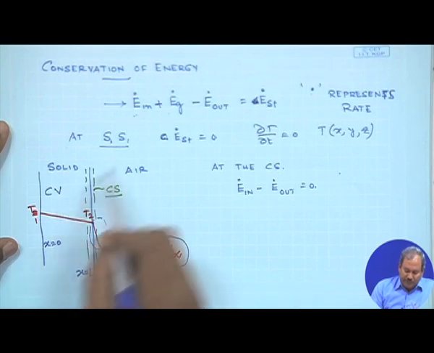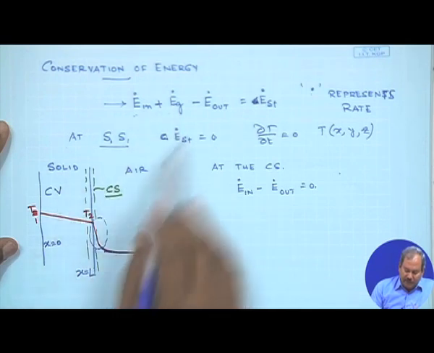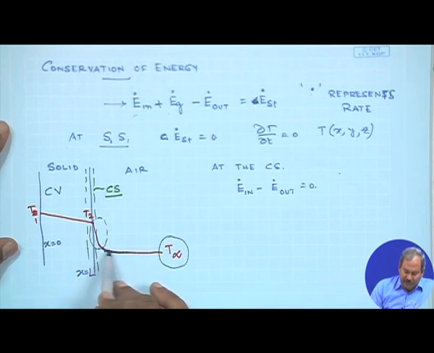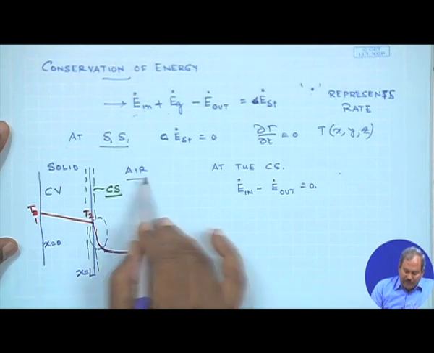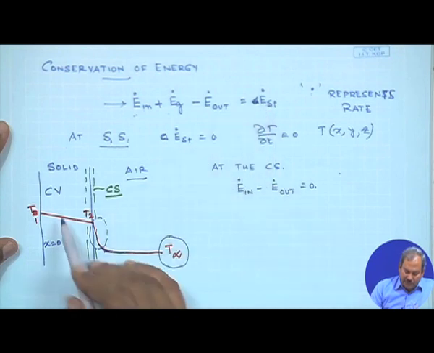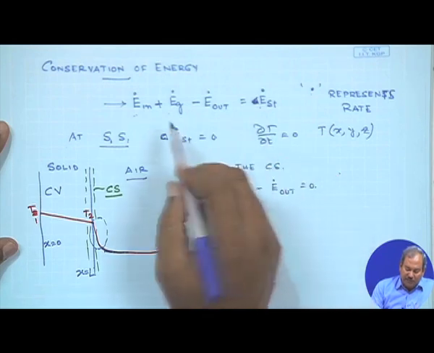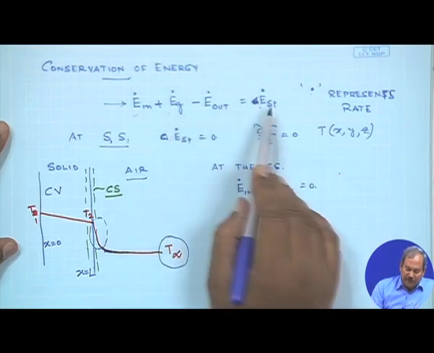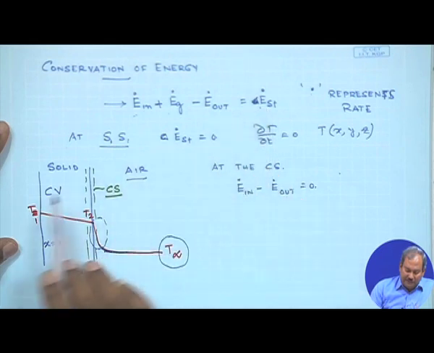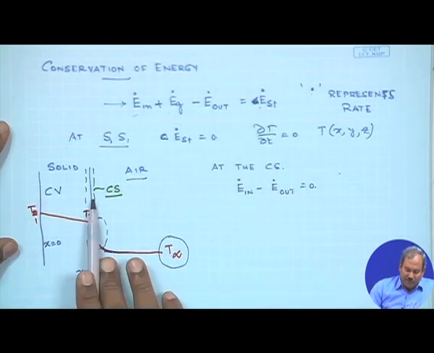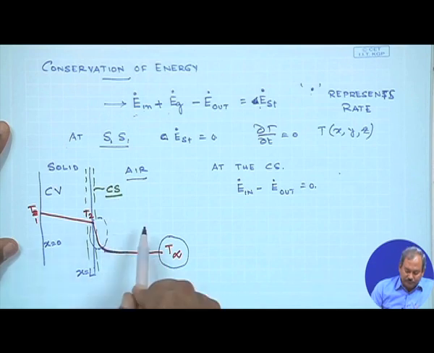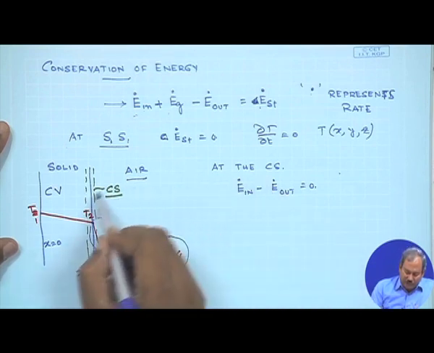If it is not, then E dot G would be equal to 0, and E dot out is the energy which goes out to the air surrounding it, as a result of which the net energy content of the control volume may change, and if it does not change, then we have a steady state situation. So in absence of energy generation, and if it is a steady state system, E dot in must be equal to E dot out.